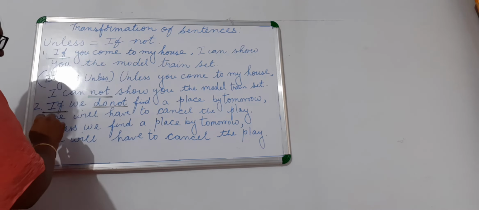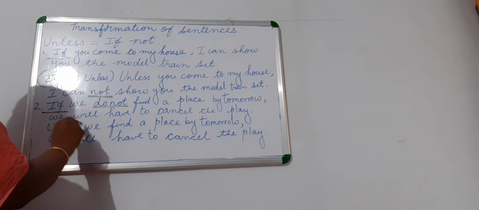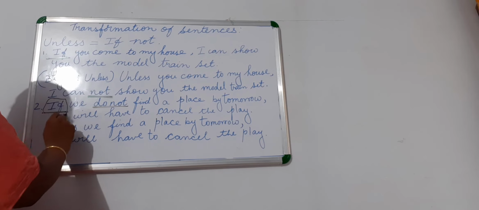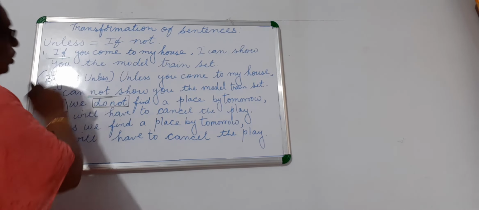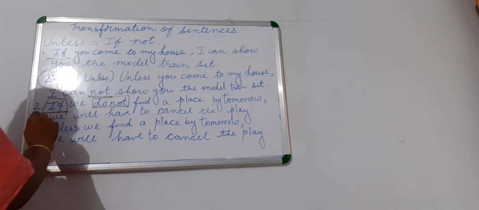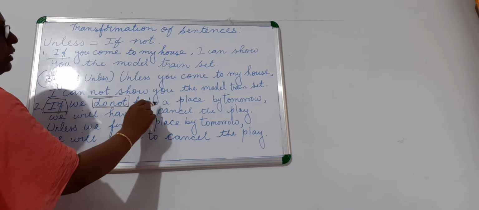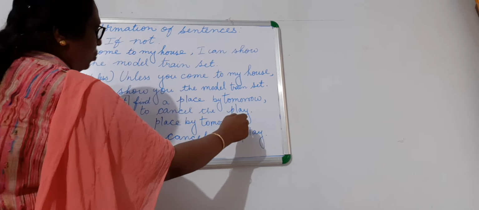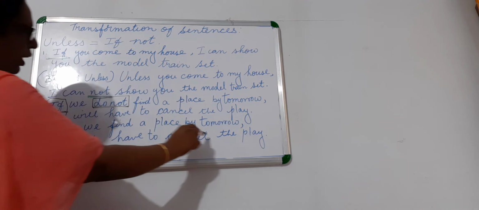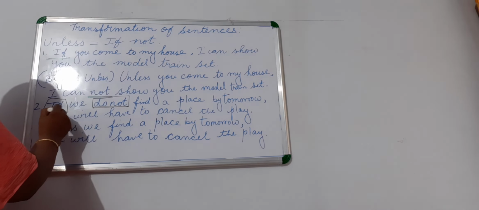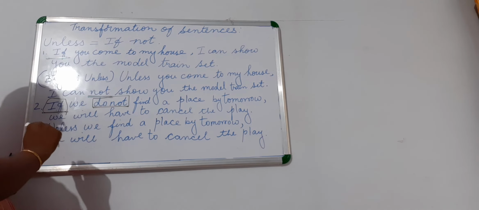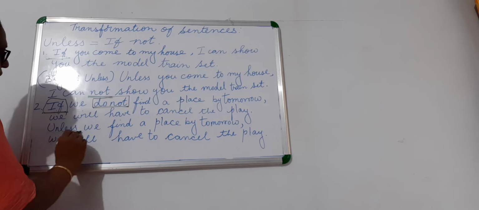So for unless, you remove if and put unless, and what else do you have to remove? I said not also you should remove. Unless we find a place by tomorrow, we will have to cancel the play. What you have done is just remove if and not and use unless.